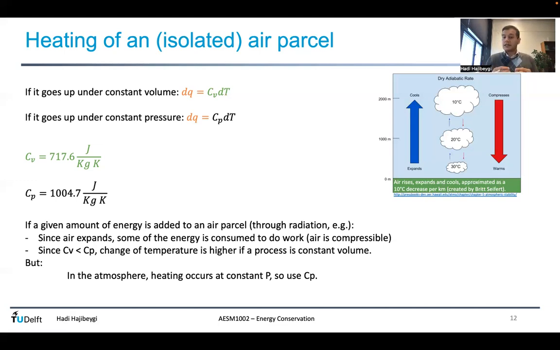Now, Cp, the constant pressure heat capacity, is bigger than Cv, which is always the case. So if the bucket of isolated air goes up with a constant pressure process, its change of temperature would be smaller than if it would go with a constant volume process, like the exact discussion that we just had.